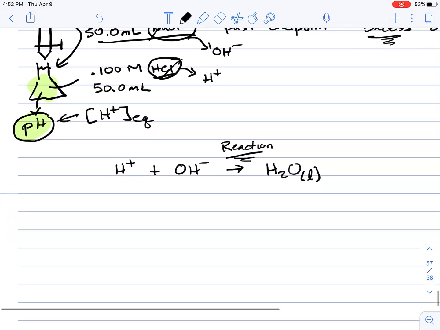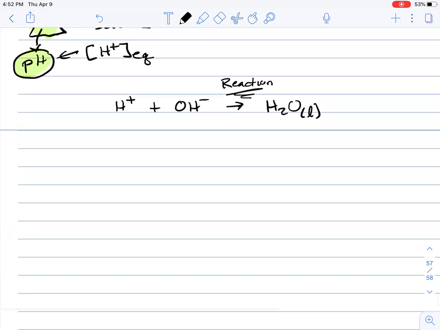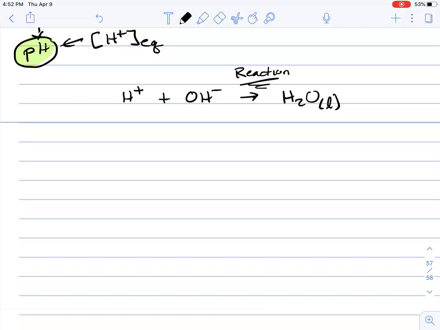And since a reaction is occurring, we need to describe the key points in the course of the reaction using an ice table. So we want to know the initial amounts, the change, and the equilibrium values.